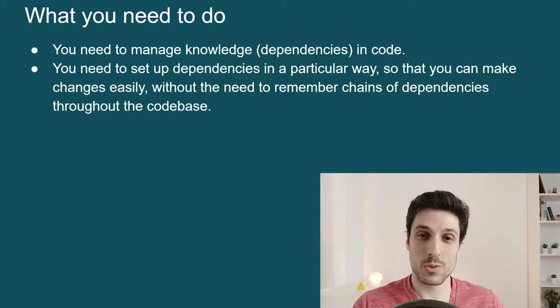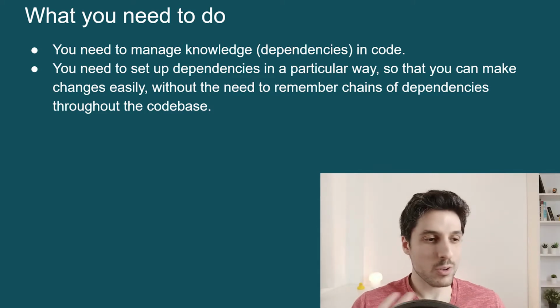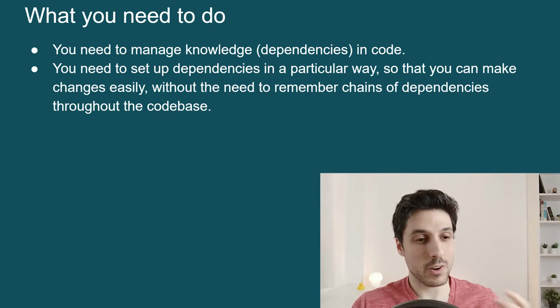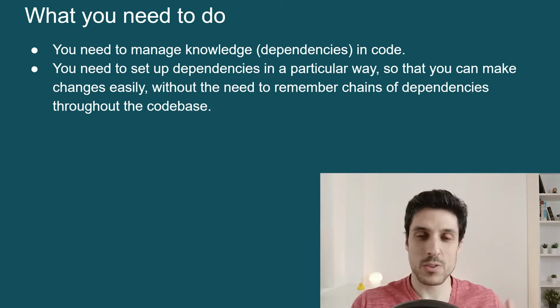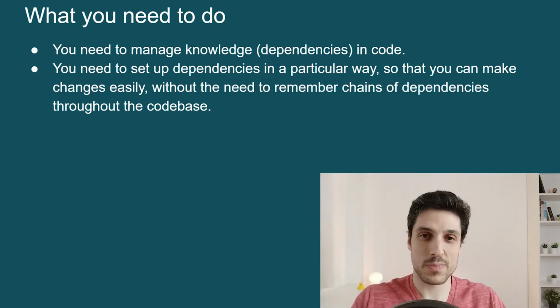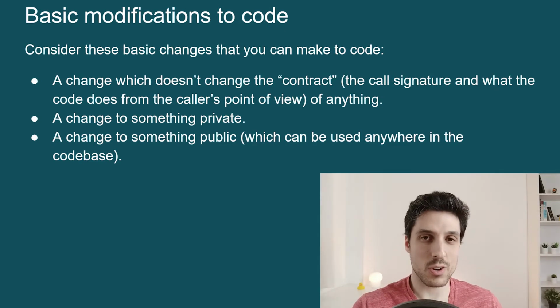So what do we need to do about this? Long story short, we need to manage the knowledge, which means the dependencies in code, effectively and well. We need to set them up in a particular way so that we can make changes without having all these issues. So when we change code, what kind of modifications can we make? For the purpose of this principle, let's say there are three kinds of modifications you can make to code.